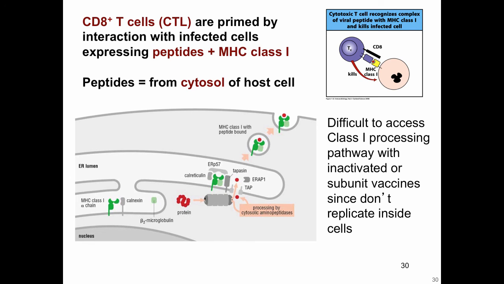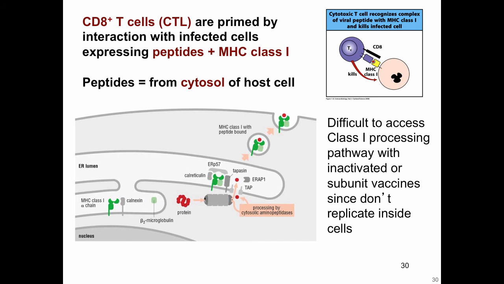But one obvious explanation is that vaccination with vaccine formulations that include organisms that are either inactivated, or subunit vaccines that don't have organisms at all, means you don't get live infections. And if you don't have live infections, there's no replication or production of proteins in the cytoplasm of a host cell.